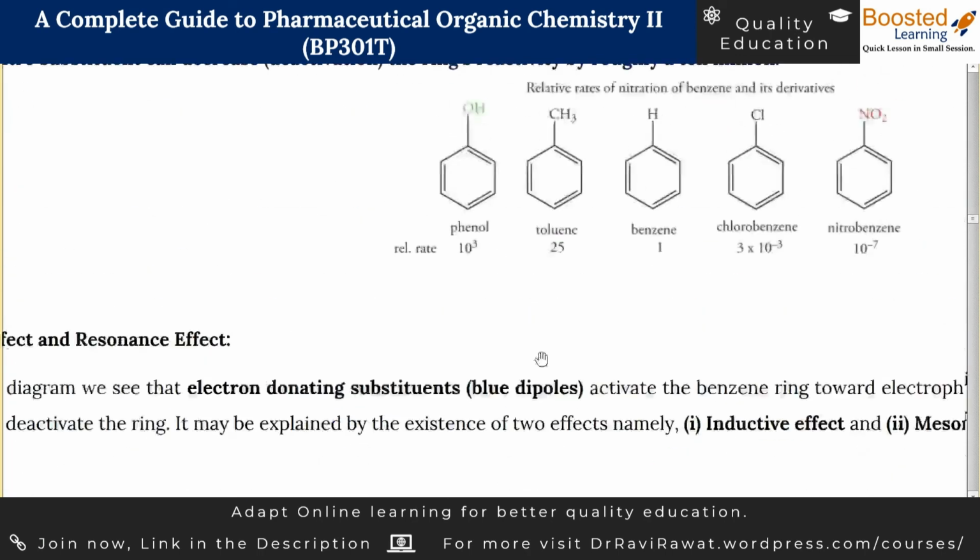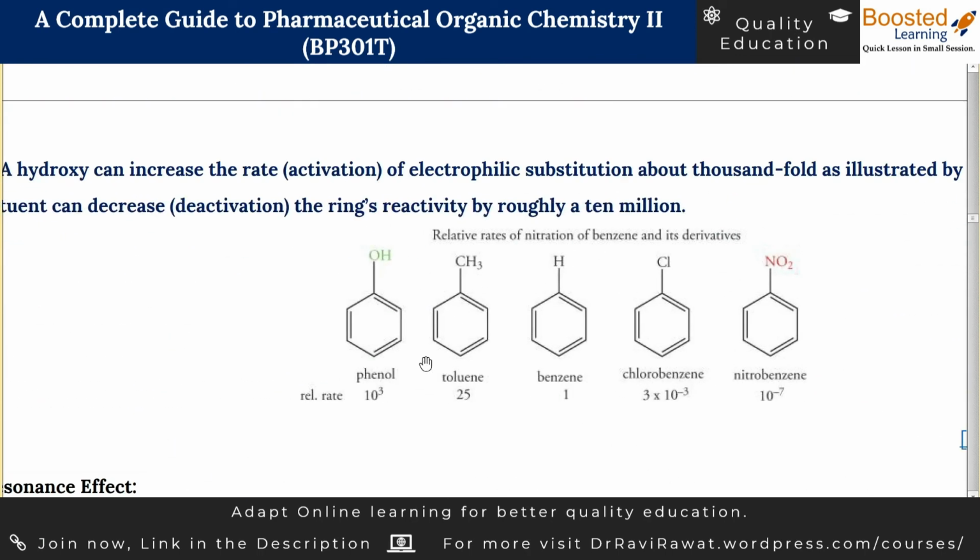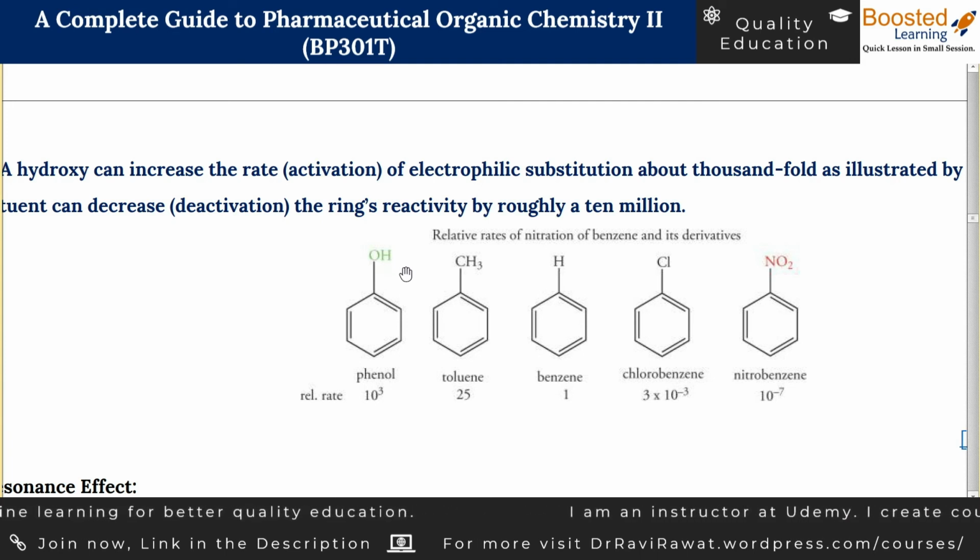That is why in the example we have seen that the hydroxy was increasing the rate of the reaction, because it was inducing positive mesomeric effect. Although some negative inductive effect was there, the net effect was electron releasing. So it was activating the benzene ring towards electrophilic substitution reaction.